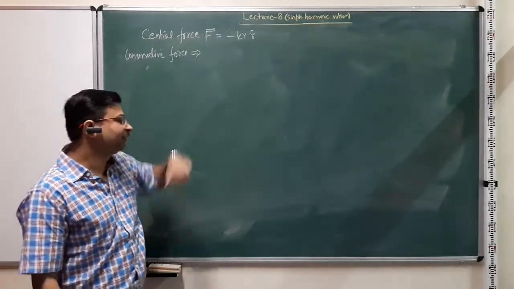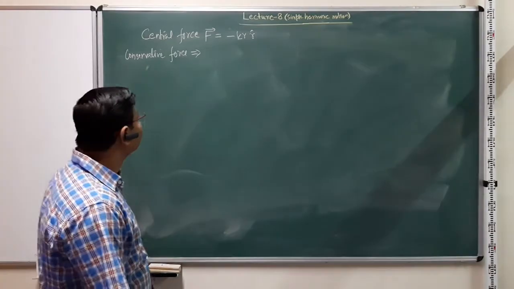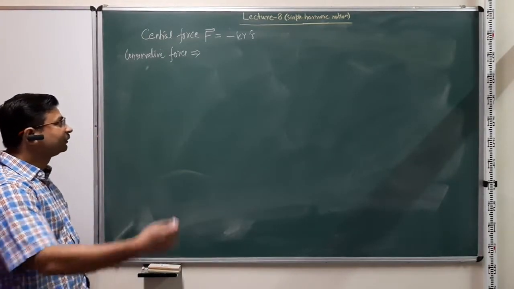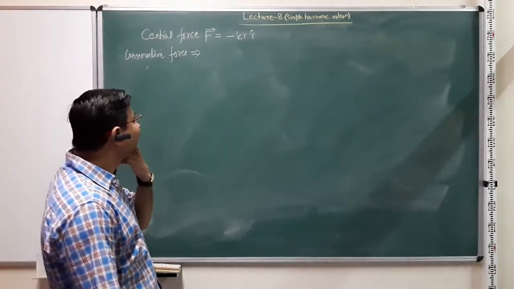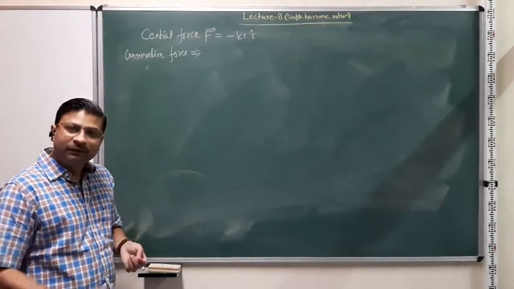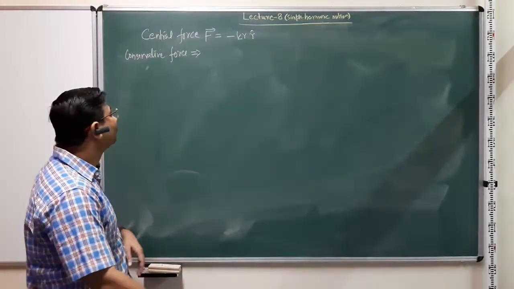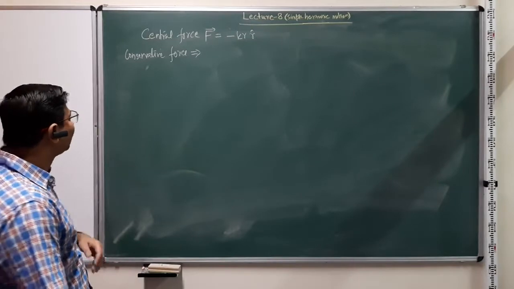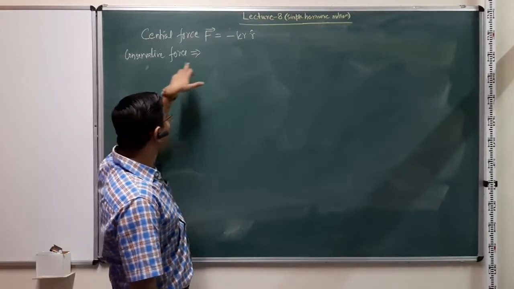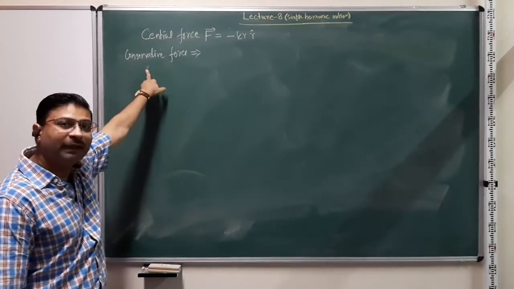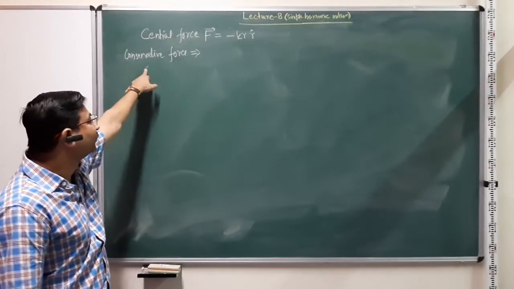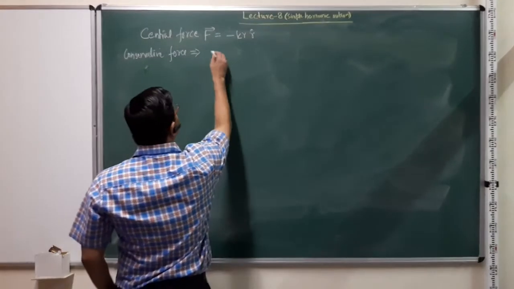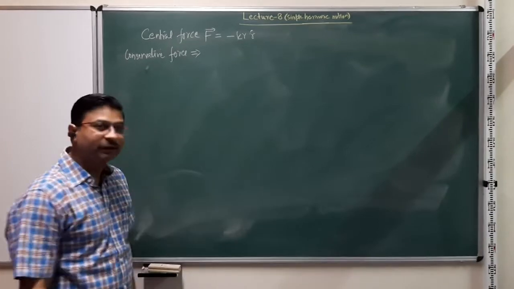Could be the origin, could be any other central location, and it's directed along the radial coordinate. Or in one dimension, this is always directed towards the origin or that particular point. Now, since this is a central force, it's a conservative force, so we can define a potential energy function associated with it, and we know how to write it down.